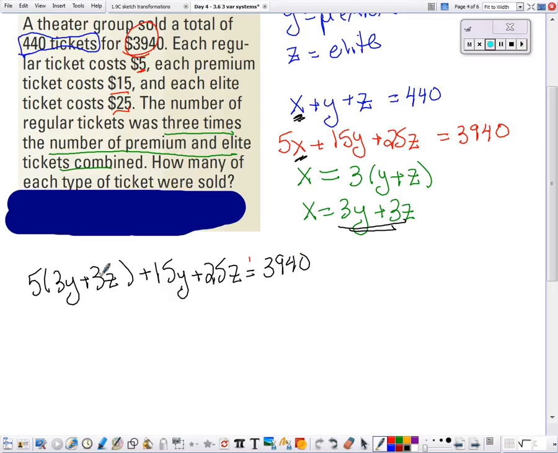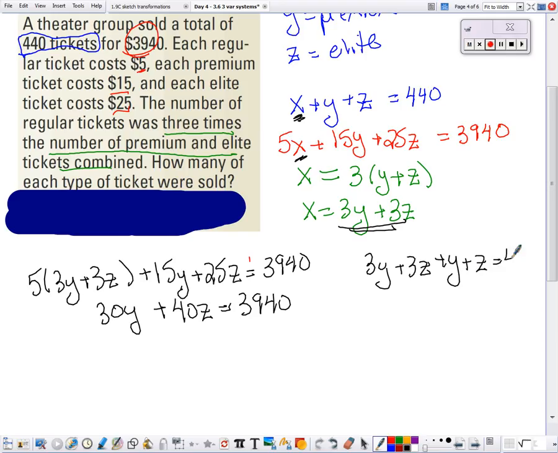Distribute your 5 and combine like terms, and you will get 30y plus 40z equals 3940. So that's the first equation. Now I have to do that in the blue one. 3y plus 3z, and for x, combine my like terms.